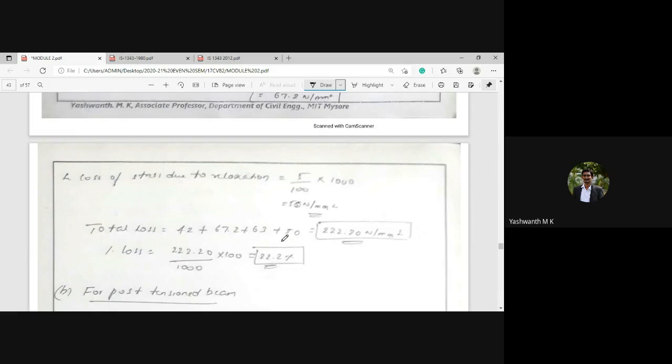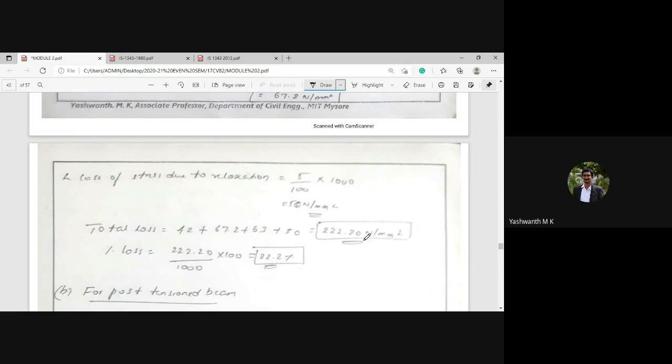If you sum up all these losses, you will get 222.20 Newton per millimeter square as the total loss. That means you applied 1000 stress initially, but in that 1000 initial pre-stress, 222.20 losses have been encountered in the PSC.